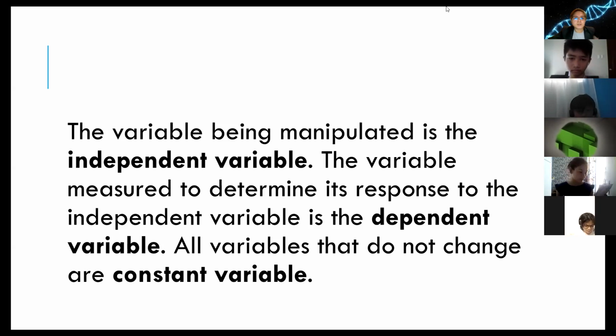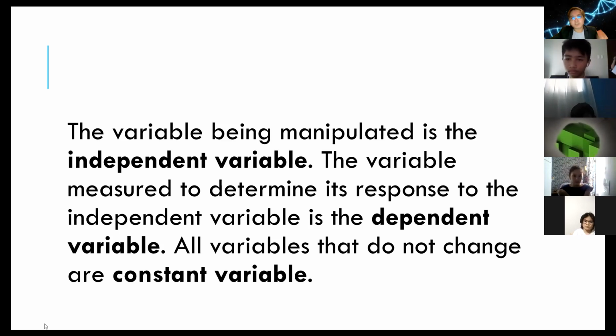Again, there are a lot of variables to be considered in the experimental setup. We have the independent variable, which is the one being manipulated, the one being changed, the one being subject to change. The variable measured to determine its response to the independent variable is the dependent variable, because it is highly dependent on the independent variable or the changes.